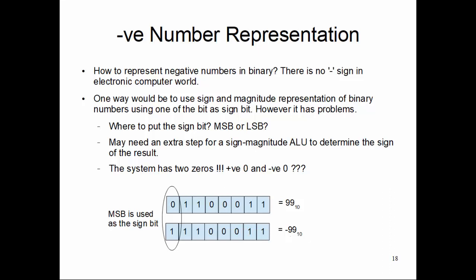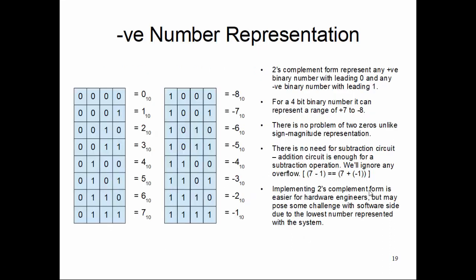So what has been done, and this is the only way every computing system in the whole world represents numbers, both negative and positive, is this: the number system is called the 2's complement form of representing both positive and negative binary numbers.